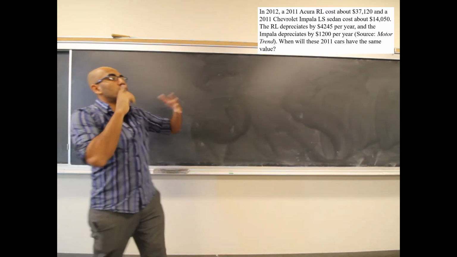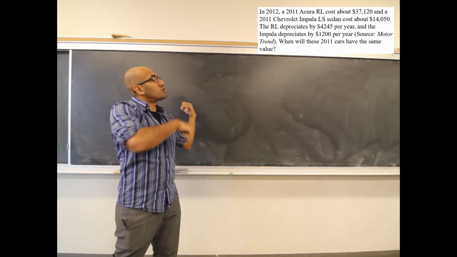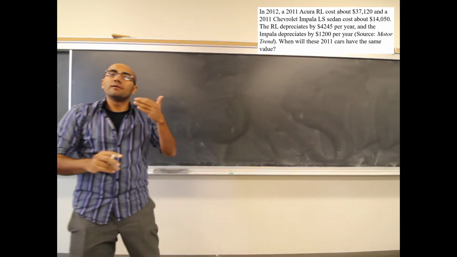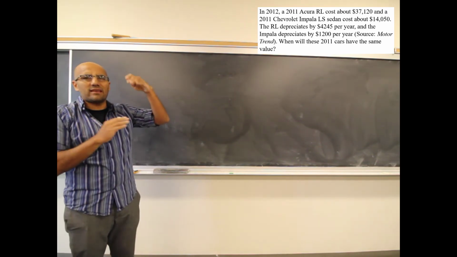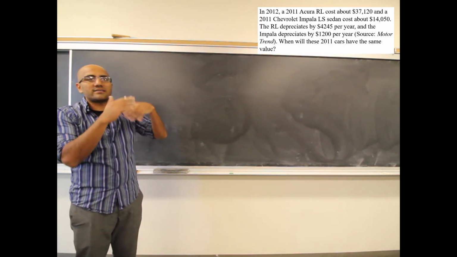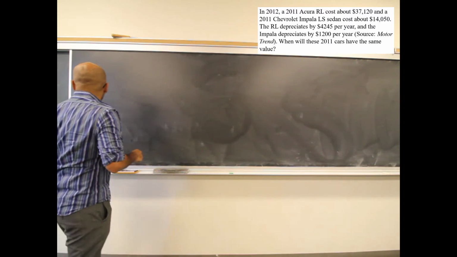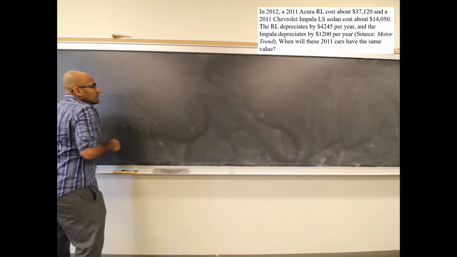If you chose to use 2012 for one of them, just make sure you use the same one for the other one. You don't want to mix and match them, because then it'll get extra complicated to figure out where they cross, and it's just going to be ugly. So just be consistent.